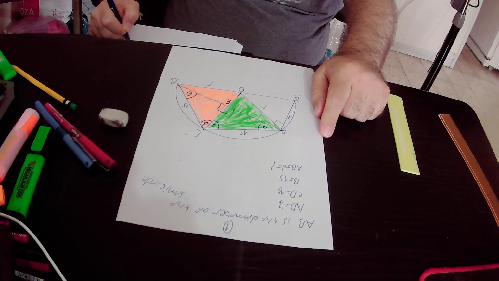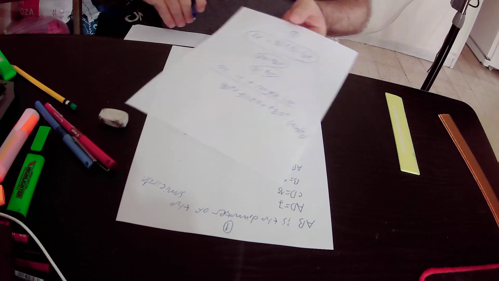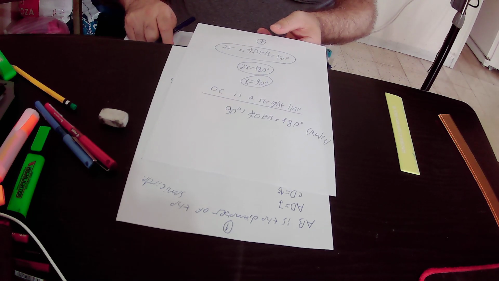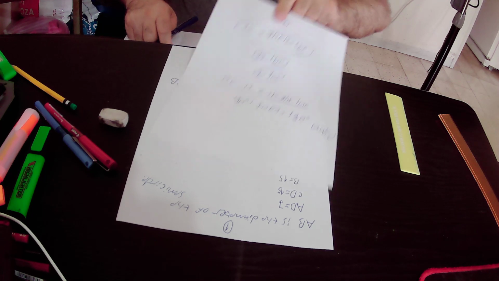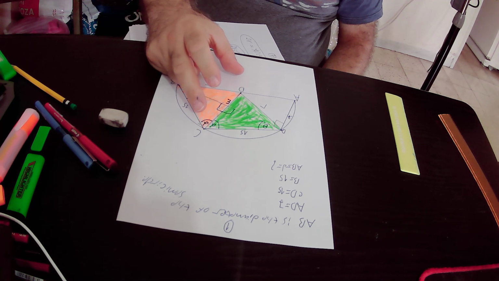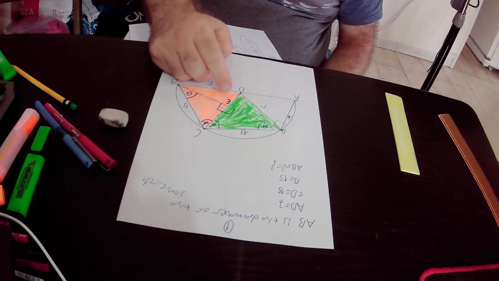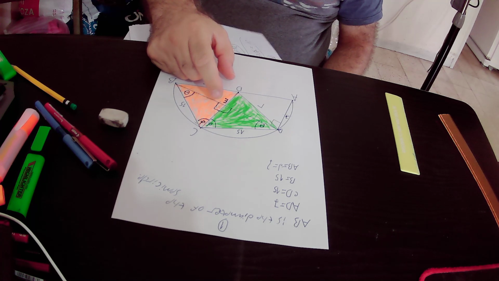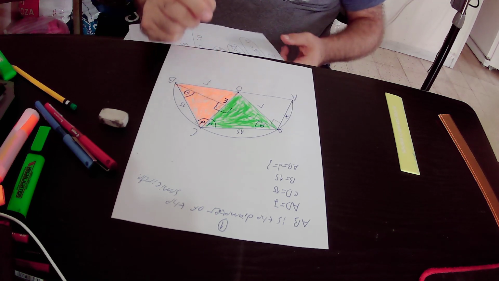Again, 90 degrees plus angle OEB must be equal to 180 degrees according to rule number 3, because on the straight line CO we have this angle that equals 90 degrees plus angle OEB, and the sum of the angles on a straight line equals 180 degrees.